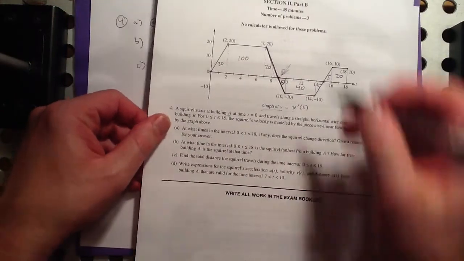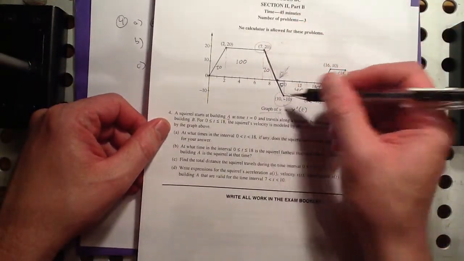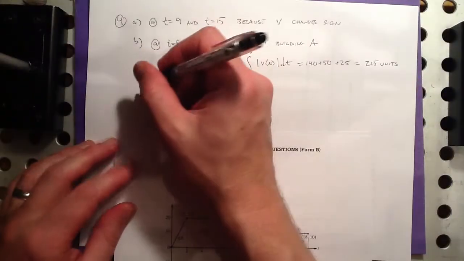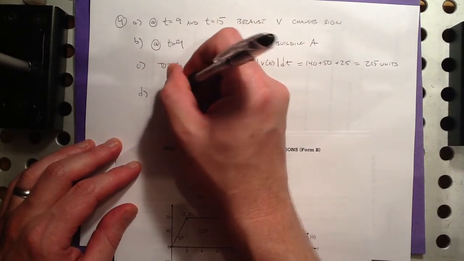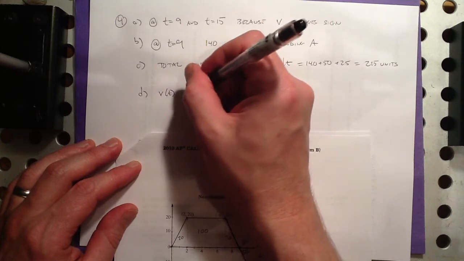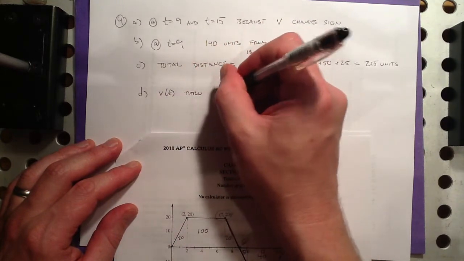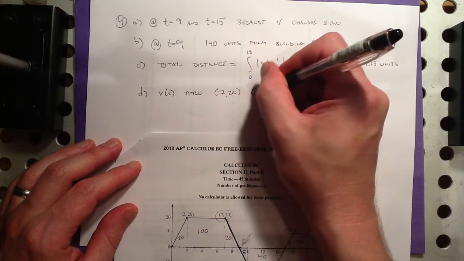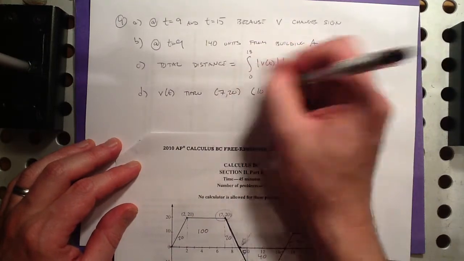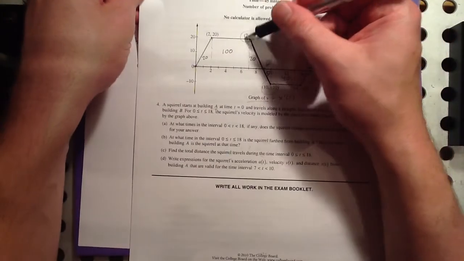It goes through the points (7, 20) and (10, -10). So I need to find the equation for the line, and that will be that piece of the velocity function.